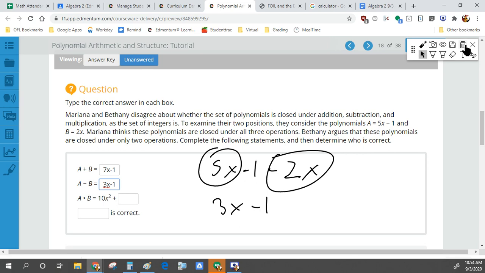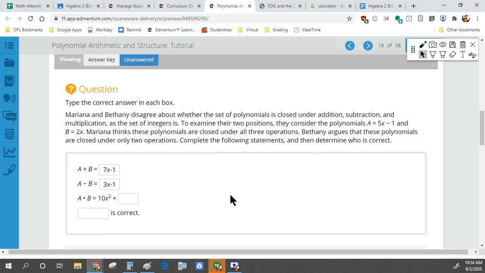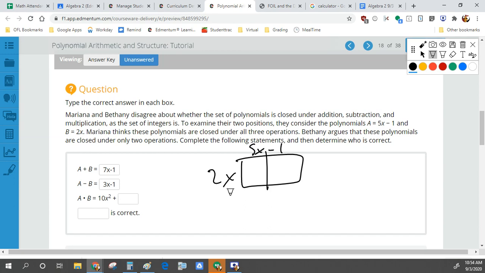Next thing it wants us to do is it wants us to multiply. So I'm going to do this and this, 5x minus 1. I know I'm really pushing this on you guys. You guys can distribute if you want to distribute. That's fine. I like this. The only problem with doing it this way is you kind of have to take a picture.